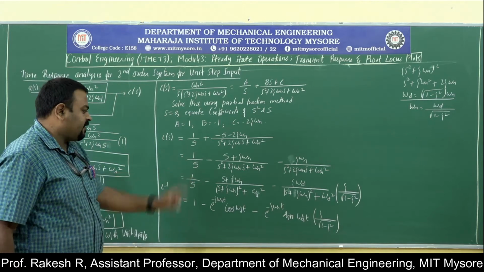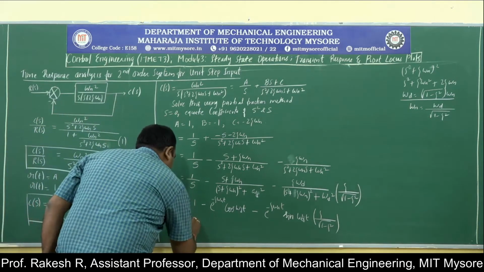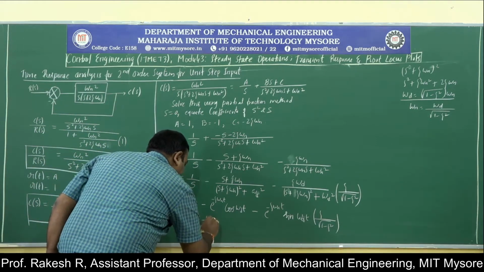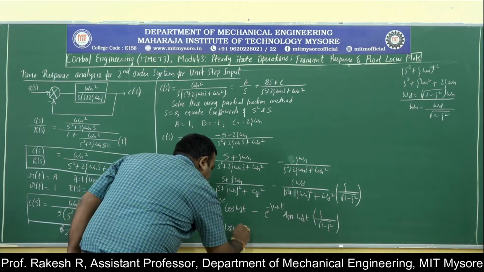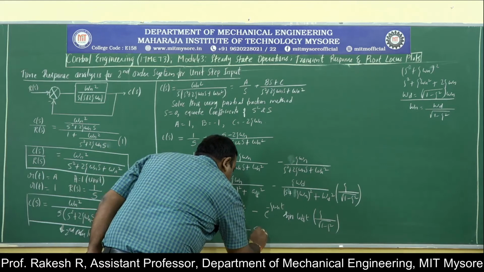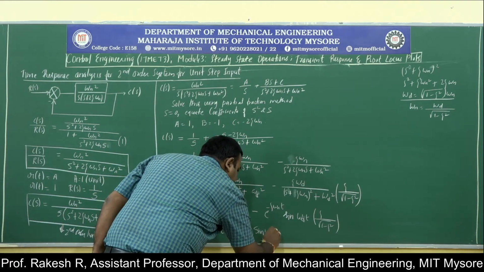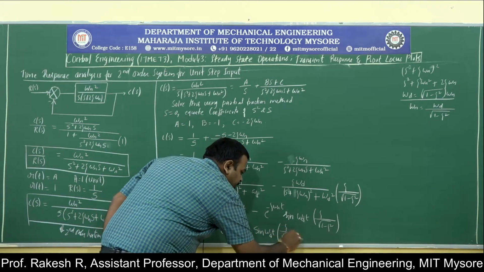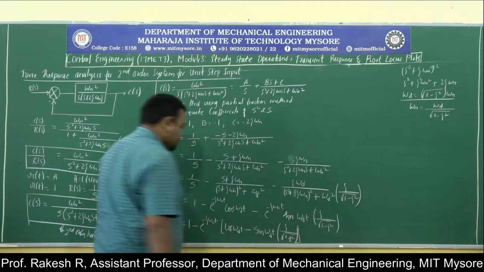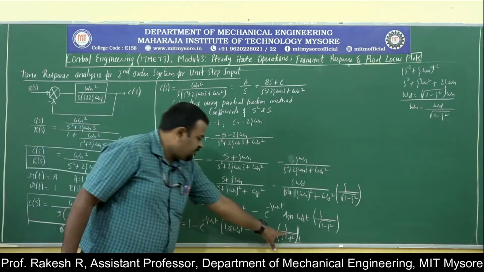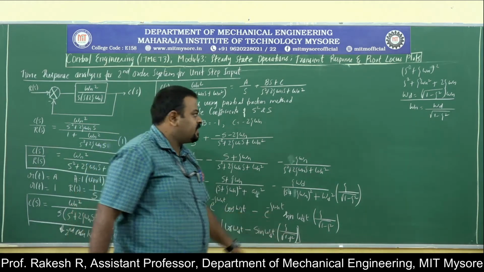Here again e to the power of minus zeta omega n t is common. I will take 1 minus e to the power of minus zeta omega n t times cos omega d t minus sin omega d t into zeta divided by square root of 1 minus zeta square. Now I will simplify this and take the LCM.